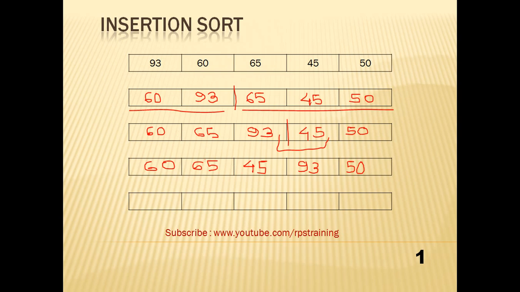The previous element of 45 is greater, 65, so again one interchange will be done. 60, it is 45, 65, 93, 50.